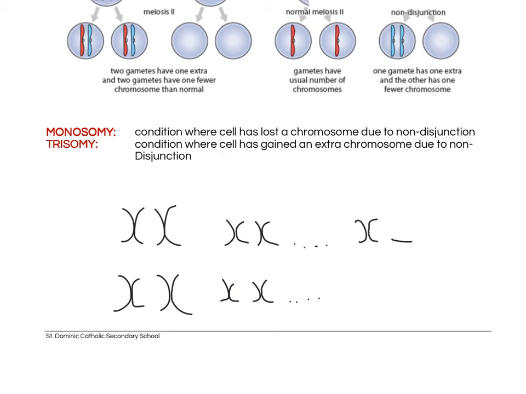And somewhere in that karyotype where I should have another pair, instead of just having two, I might see a third. So there you go. So monosomy, trisomy, both caused by nondisjunction or a lack of separation of chromosomes at some point in the process of meiosis.